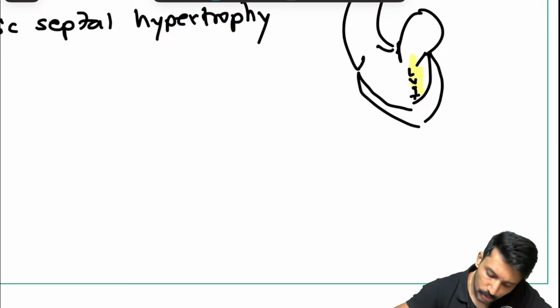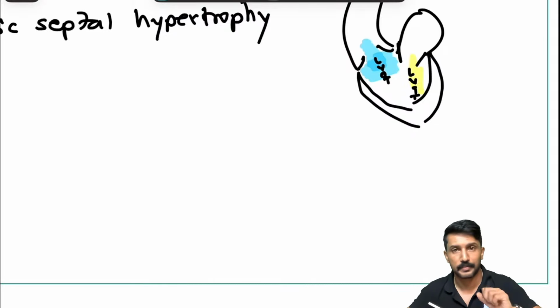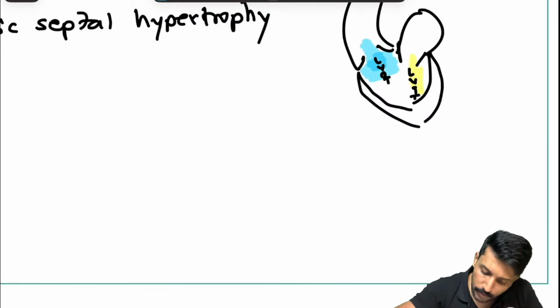And the portion of the left ventricle from where the blood moves out of the left ventricle, this area, is called the left ventricular outflow tract. So in these patients, I develop this concentric type of left ventricular hypertrophy.